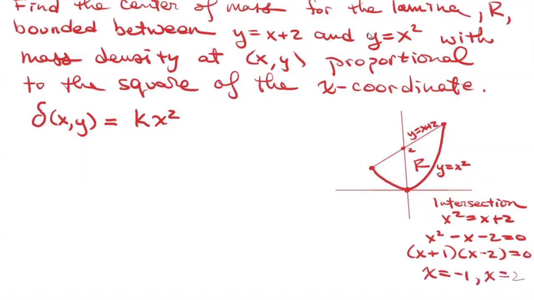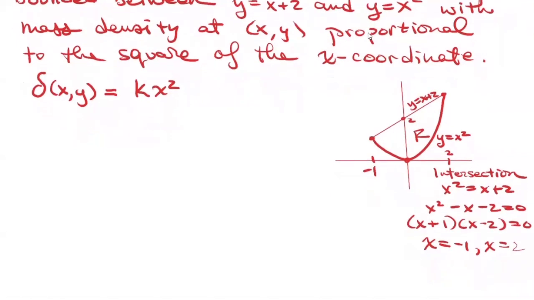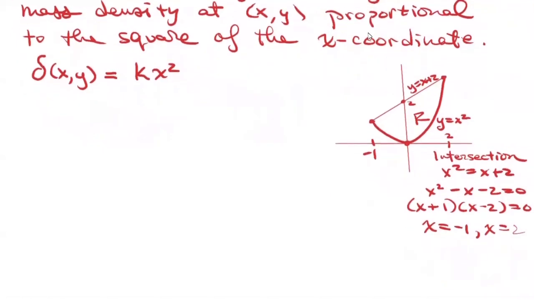Okay, got it. So this is -1, and over here we're 2. The picture's not great, but it is what it is. I don't know if we need the coordinates here. This is -1, 1, and over here this would have to be 2, 4, right?